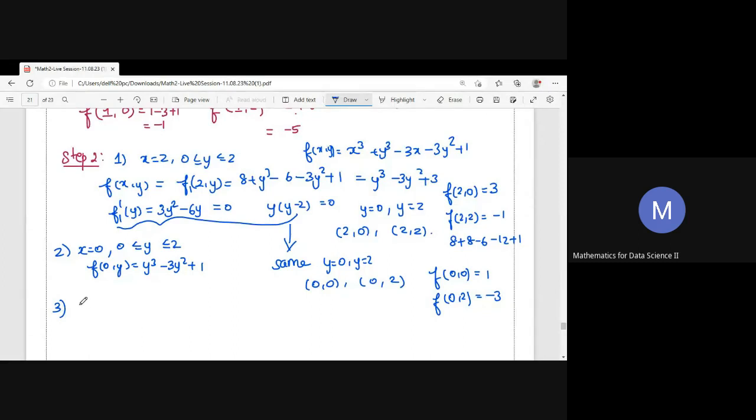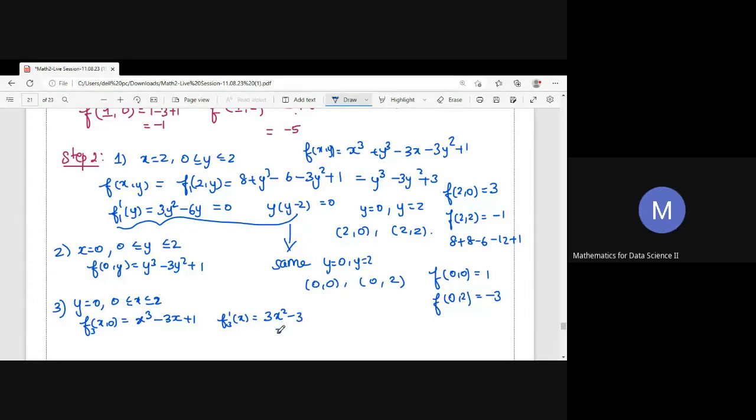Then for the third one, you have y is equal to 0 and 0 less than or equal to x less than or equal to 2. What happens to your f of x comma 0? It is x cube minus 3x plus 1. Let's say this is f3. f3 dash of x is 3x squared minus 3.